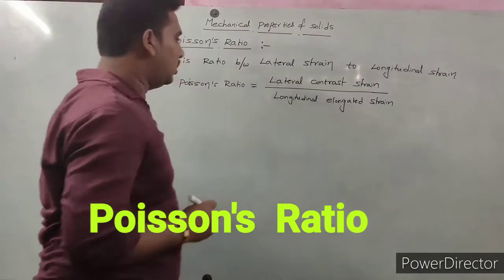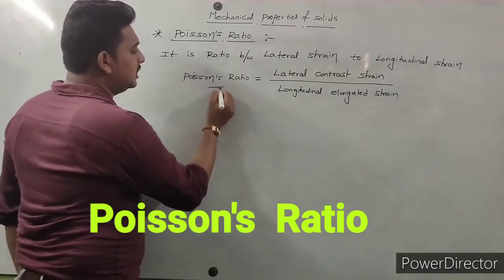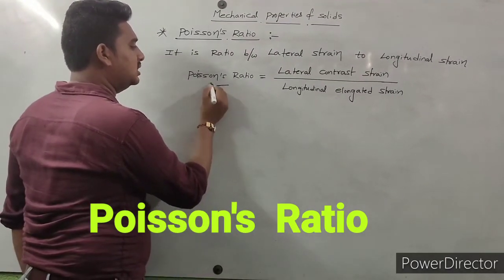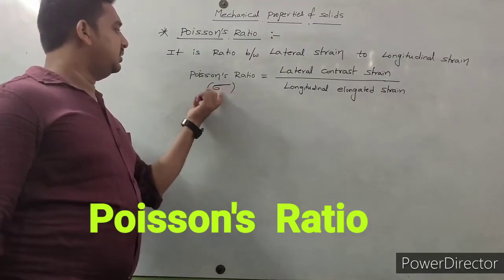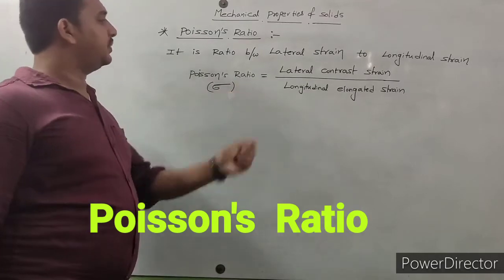This is a very important formula, and Poisson's ratio is denoted like this.